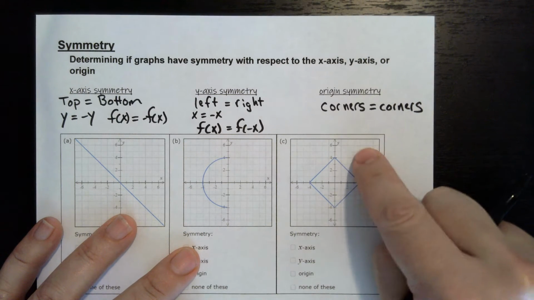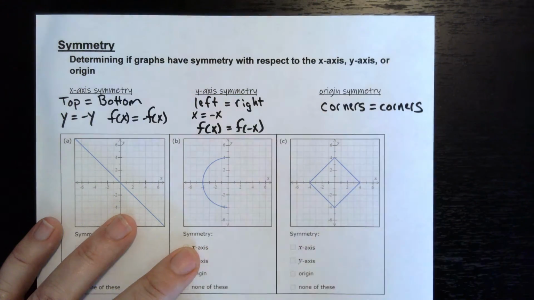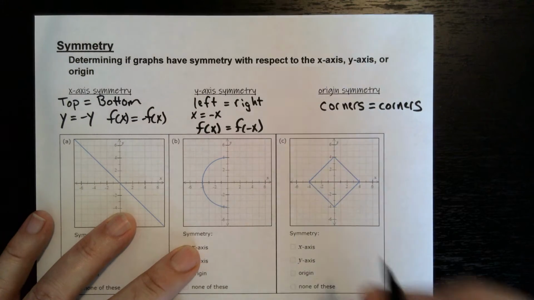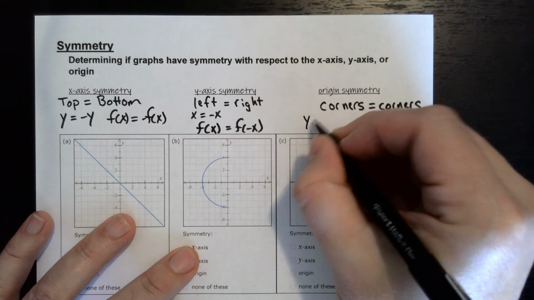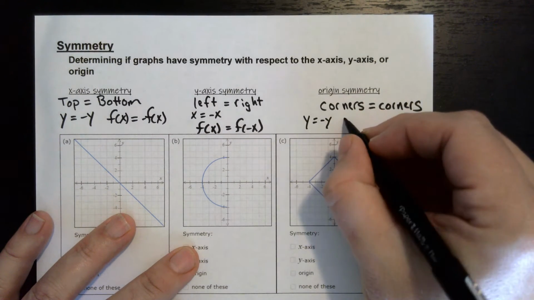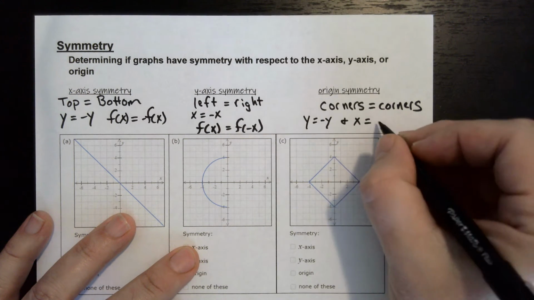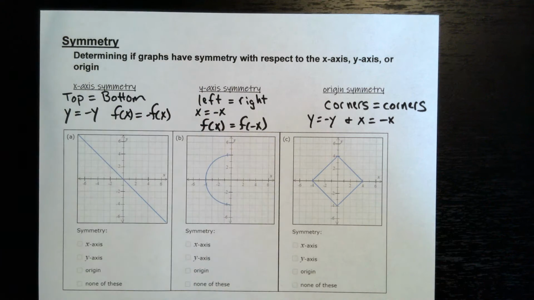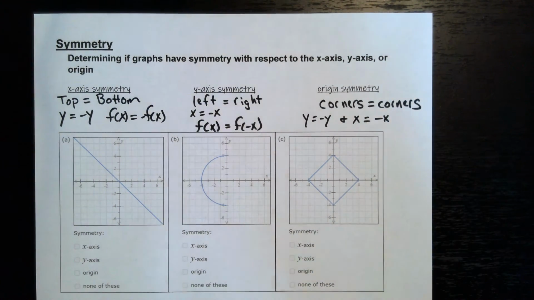What I mean by that is this corner and this corner look the same, and this corner and this corner look the same, then you do have origin symmetry. So if you replace y with negative y and you replace x with negative x, if both of those have symmetry, then you will have origin symmetry. Or if neither one of them has symmetry, you could still have origin symmetry.